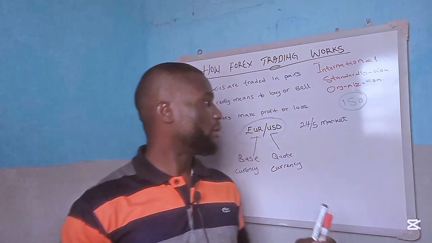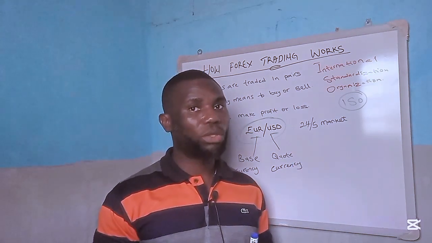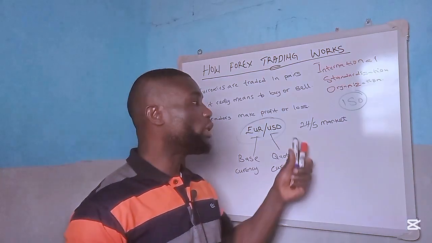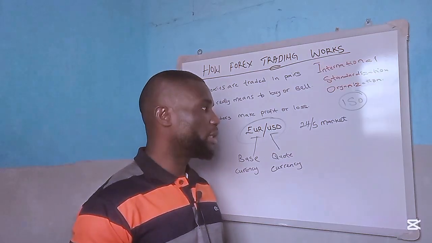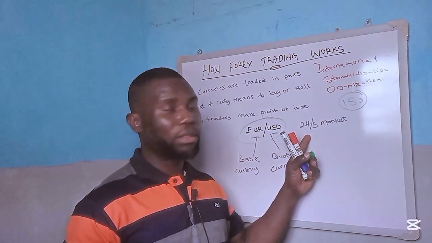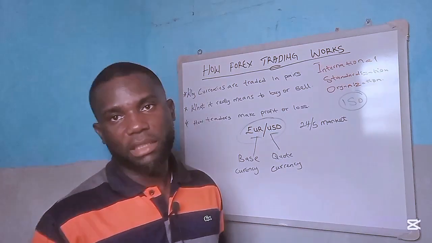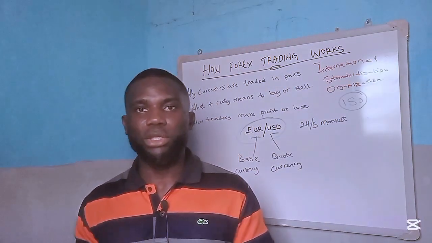Another thing is that the Forex market is a 24/5 market. What does it mean? It means that the Forex market runs 24 hours a day, 5 days a week, Monday to Friday. It's a decentralized market, which means there is no particular building that you can point to and say this is the Forex building.